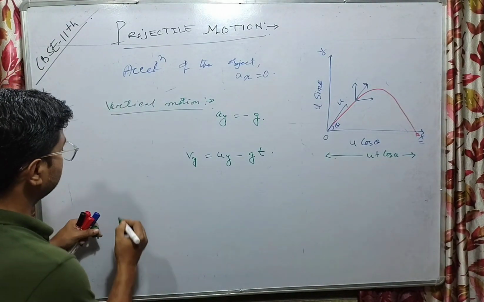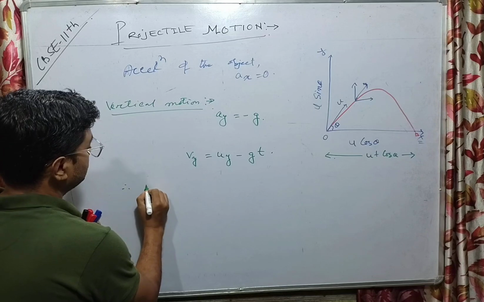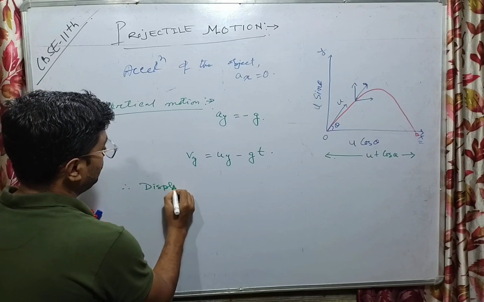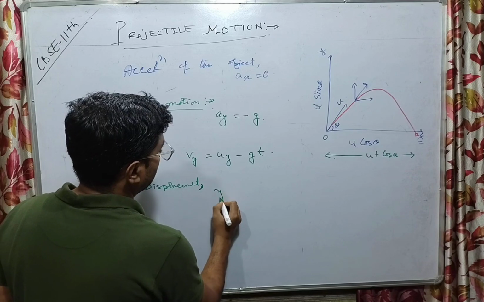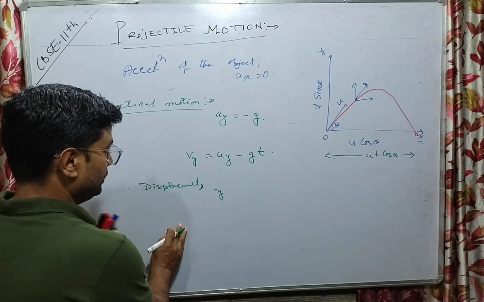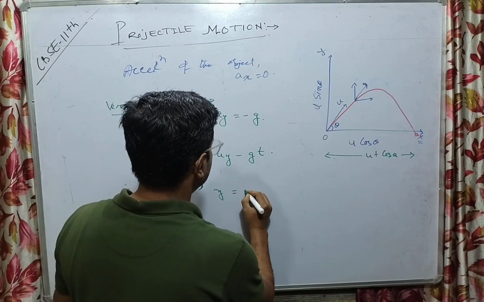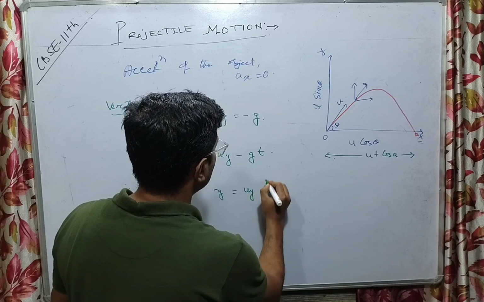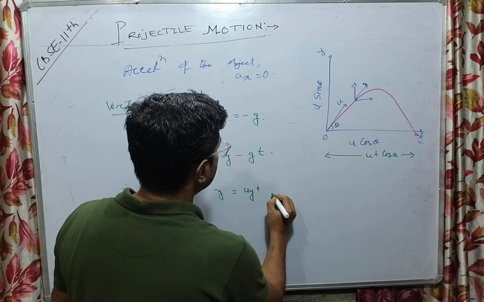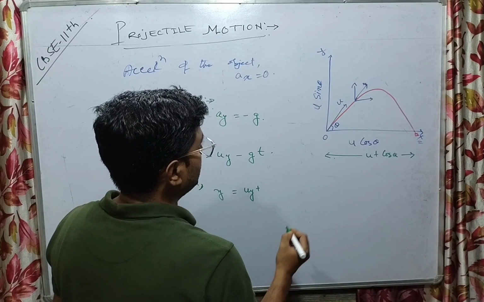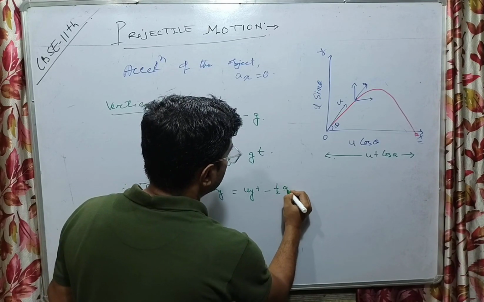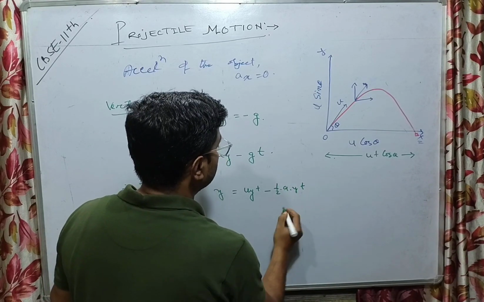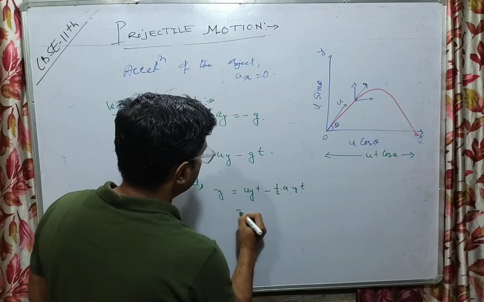Now again, the displacement or position of the object in the vertical direction, y, is equal to uy t minus half of ay t squared.